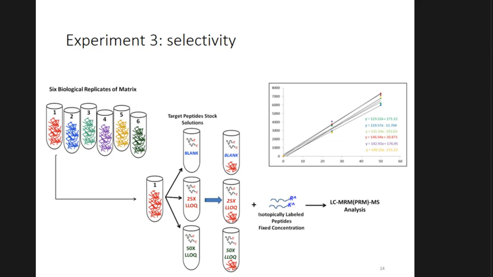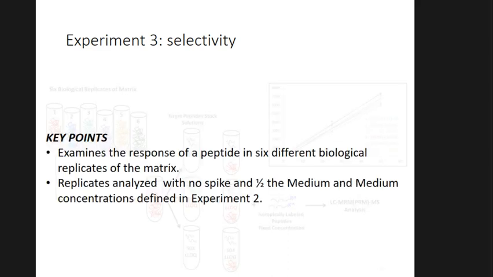And then we go and measure this, and what we're trying to ask from this set of data is how does the response of our peptide target, our analyte target, change across these 6 different matrices.